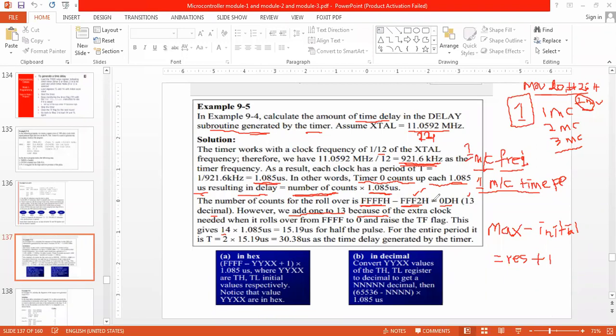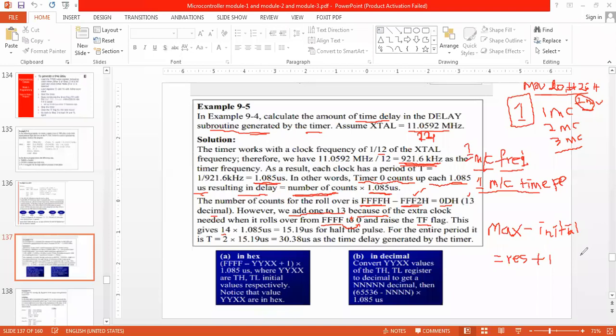Then only TF0 or TF1 becomes high. So one extra clock cycle is required, right? Whenever overflow occurs from FFFF to 0000, then TF0 or TF1 is going to be equal to 1. So it is counting one more number, plus 1.